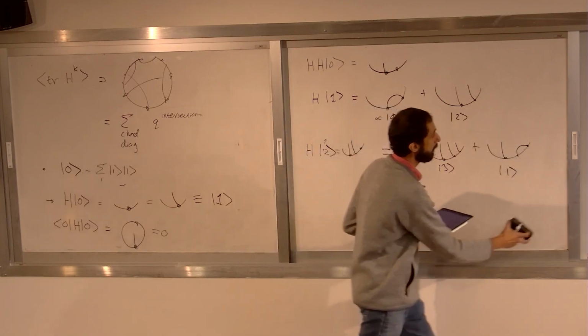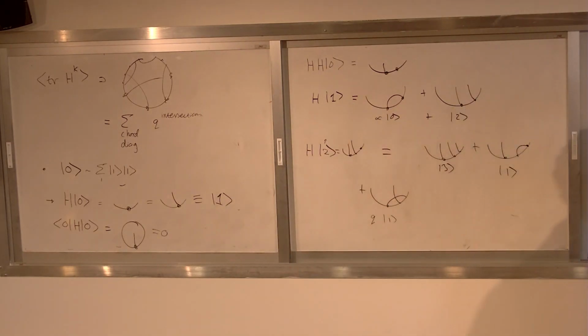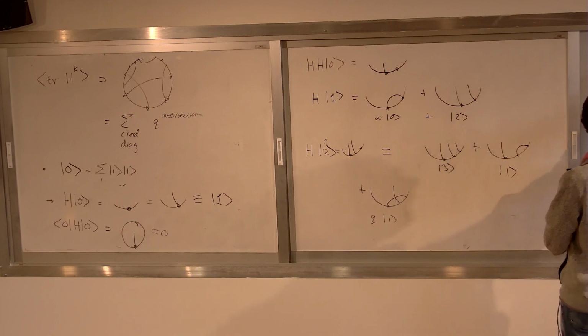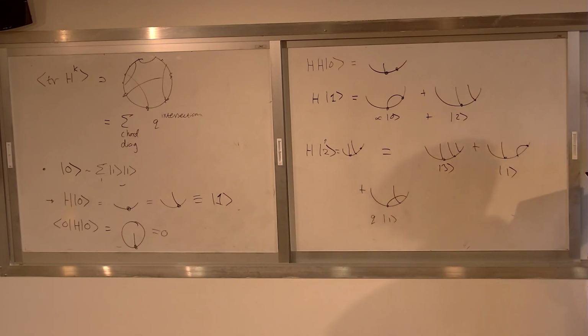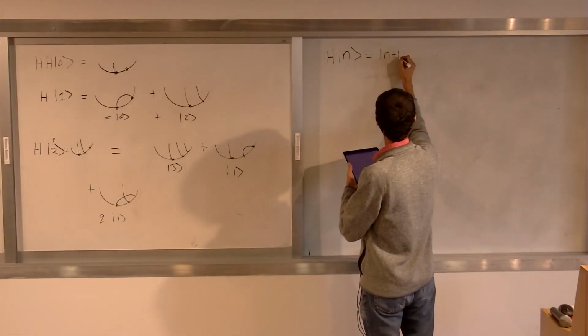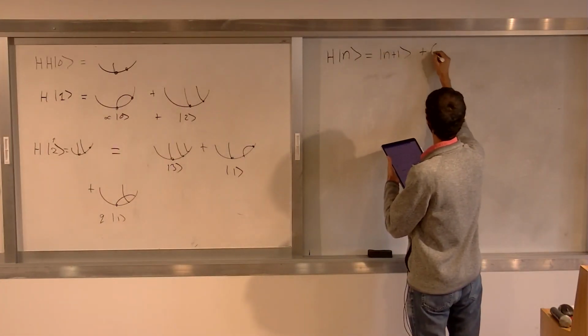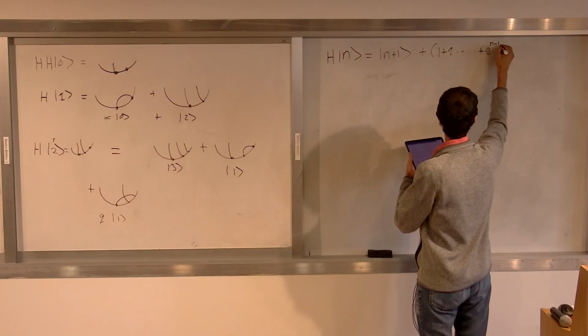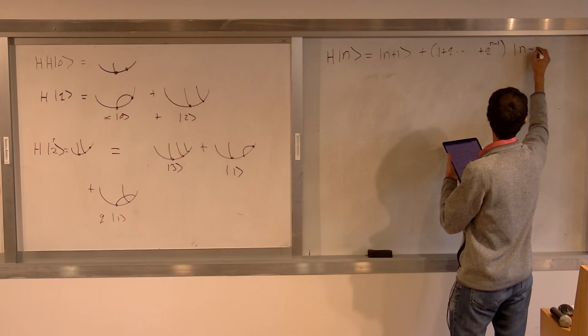And in fact, in general, if you act with h on a state of n chords, you get the following formula: n plus 1 plus 1 plus q, dot dot dot, plus q to the n minus 1 times n minus 1.